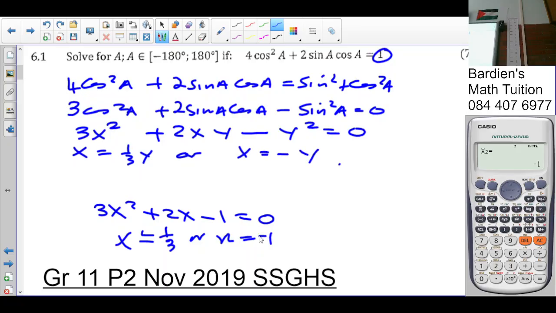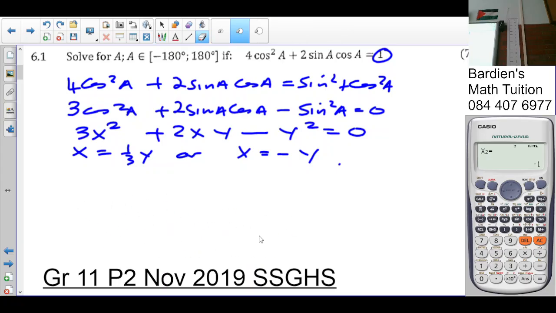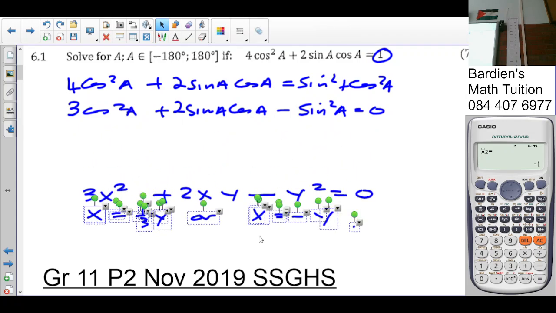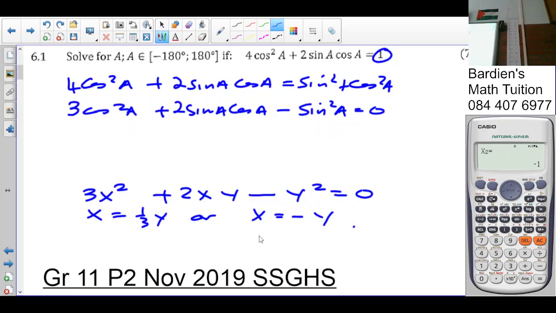But what is in the place of x? Cos. So if x is in the place of cos, then we got 3 cos A is equal to 1 over 3. And in place of y? Sine A. Can you see that, people?